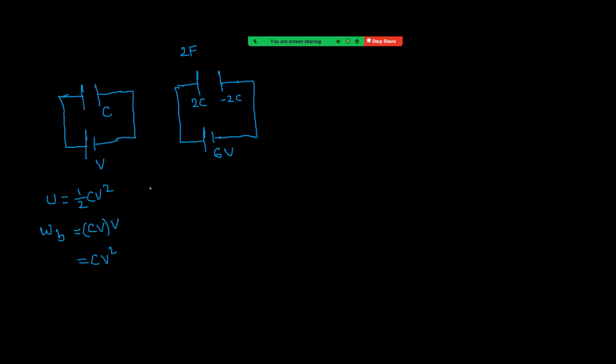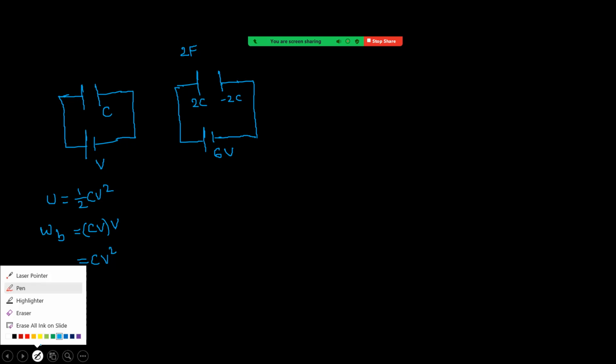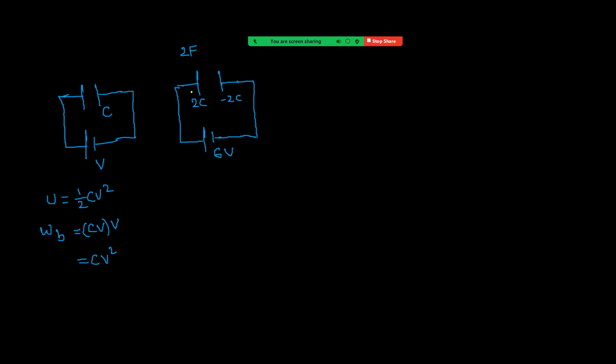Now see what happens. Ultimately, across the capacitor, the potential difference must be equal to 6, right? Finally, across the capacitor, the potential difference must be equal to 6. If that is the case, the charge on the capacitor must be, we know that Q equal to CV.